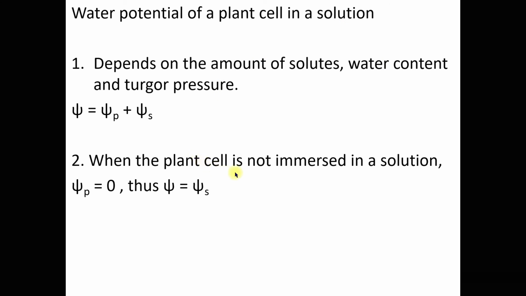Now, when the plant cell is not immersed in a solution, pressure potential always equals 0, unless pressure is being applied or sucked out. So water potential will equal the solute potential if the plant cell is not immersed in a solution.